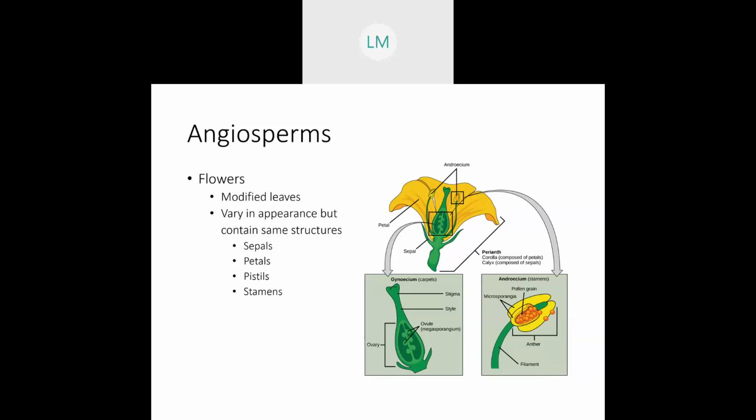So you see like a bud on a rose bush or any flowering plant. The flower is not open yet. That green part that's covering up that developing flower, those are our sepals down here. Typically, these are green and photosynthetic, but sometimes they can actually have some color on them as well.